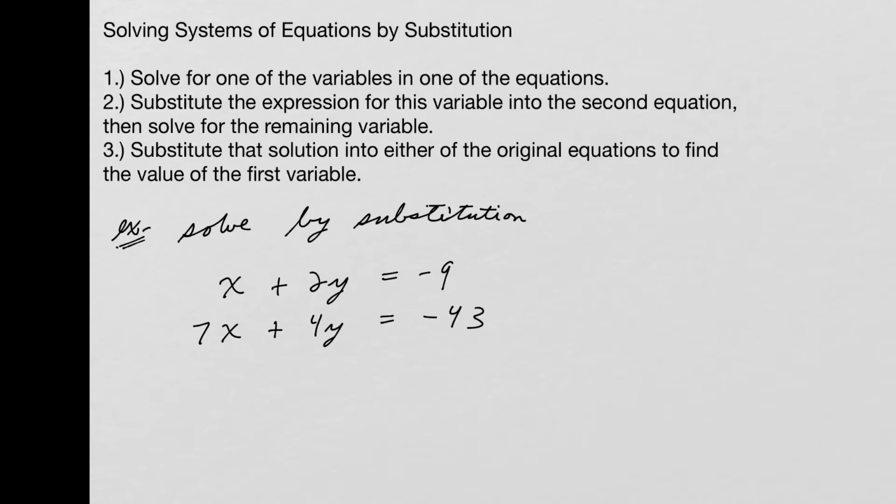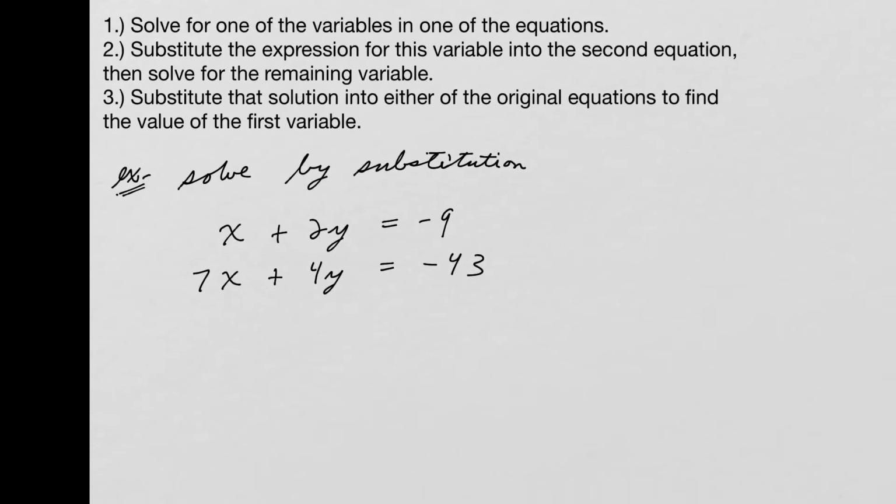Okay, so again, the first step was to solve for one of the variables in one of the equations. So if we look at this, right, we have our two variables are x and y. I can solve for either x or y in the first equation or x or y in the second equation. Now the easiest would probably be to solve for x in the first equation because its coefficient is already a 1, right? So I'm going to solve for x in the first equation.